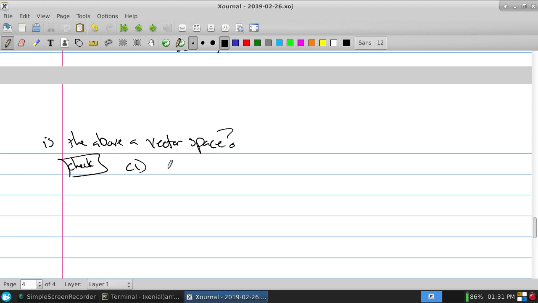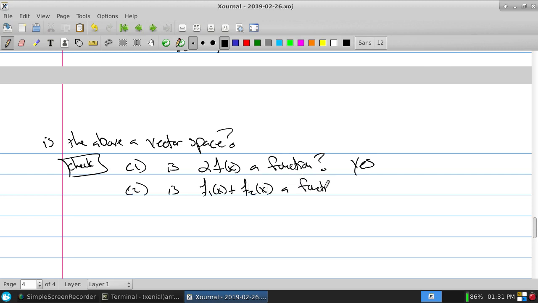C1: is alpha f of x a function? Like everybody can agree, yes. Right? C2: is f1 of x plus f2 of x a function? Yes, that's also true.